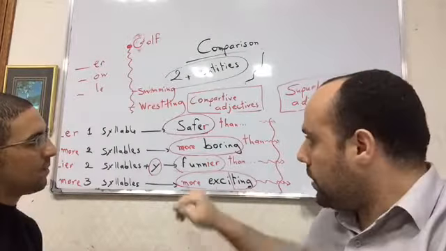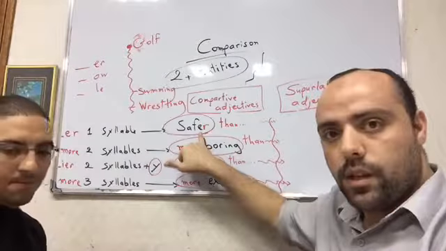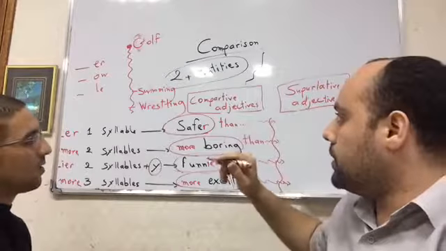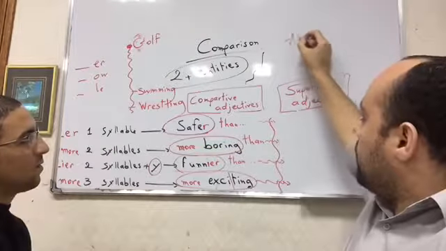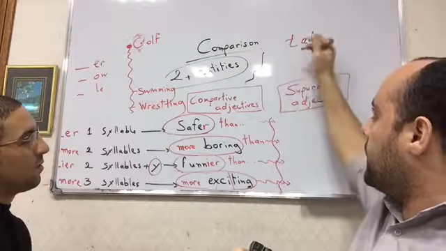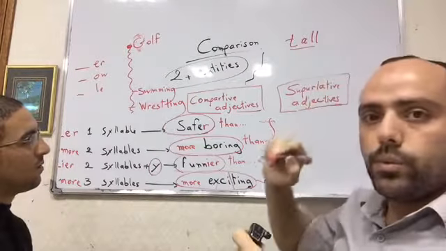Let me give you another example. If you have, for example, the word tall, that adjective is just a one-syllable word.